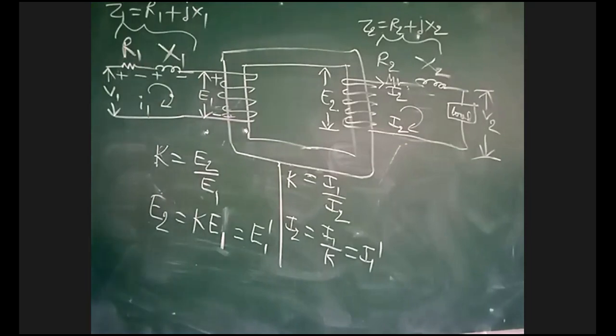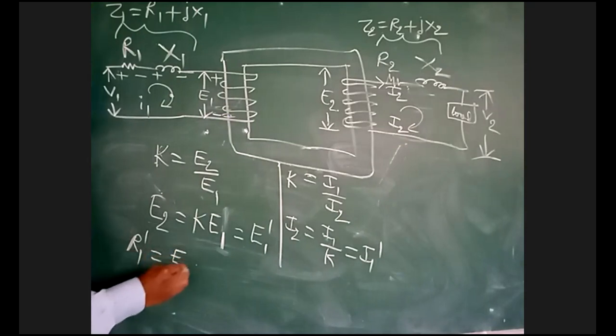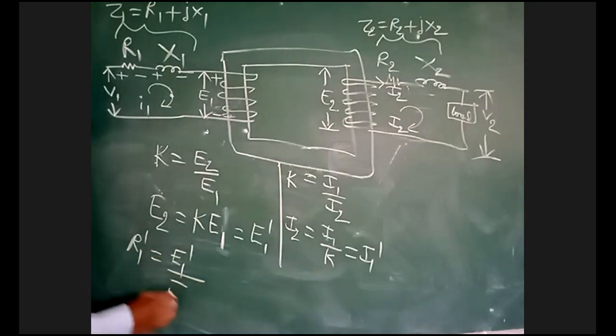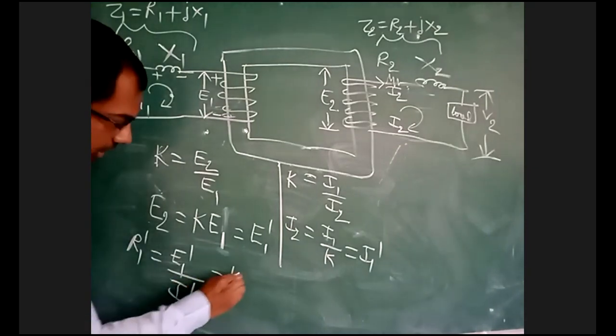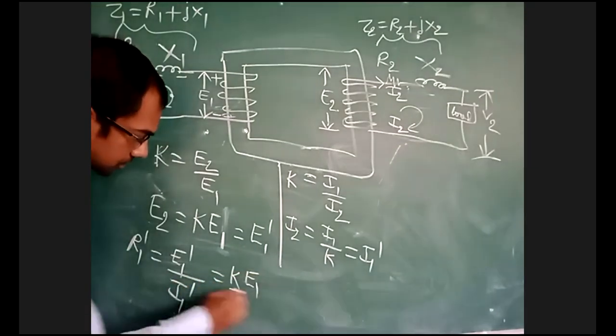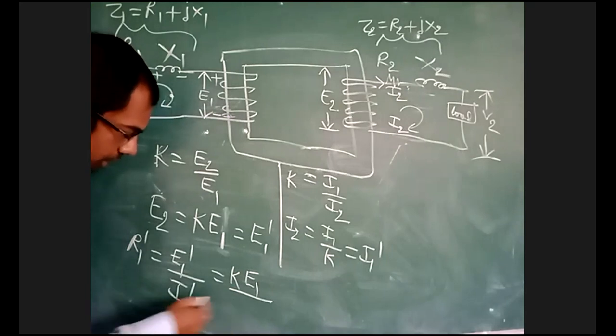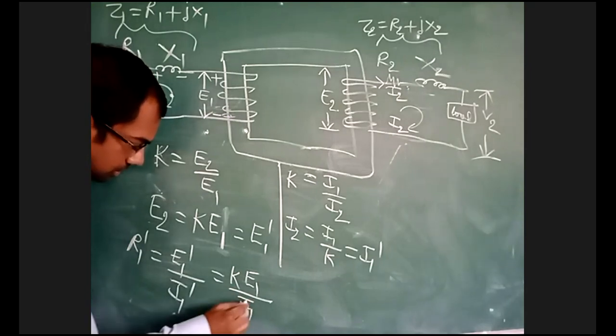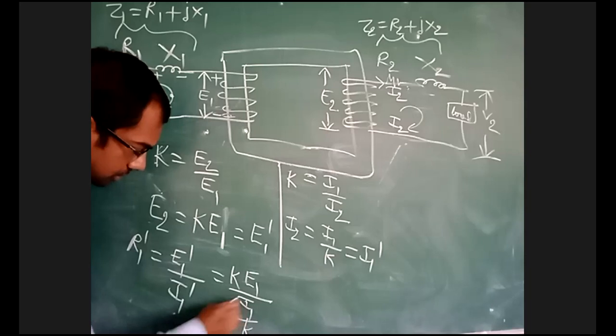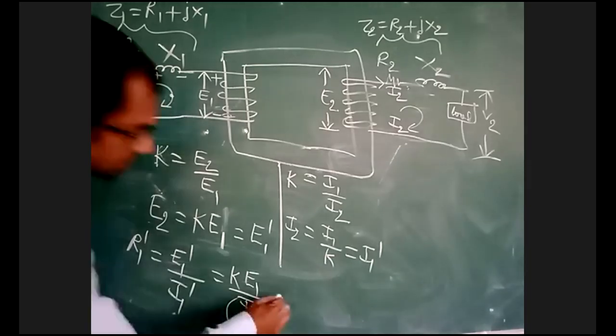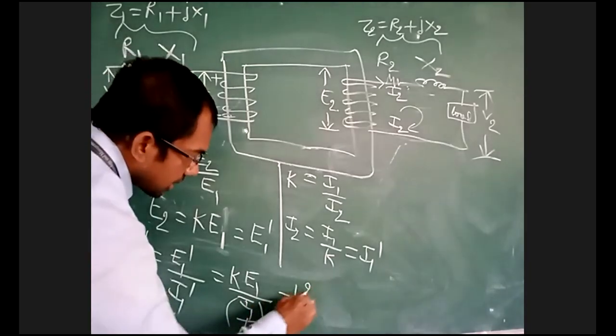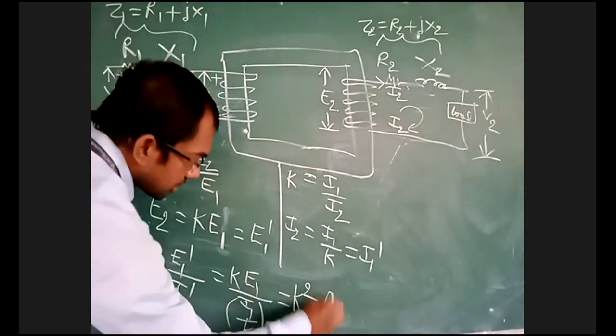Now let us take R1 dash. R1 dash is equal to E1 dash by I1 dash. E1 dash is K into E1, divided by I1 dash, which is I1 by K. That is K square into E1 by I1. What is E1 by I1? R1.